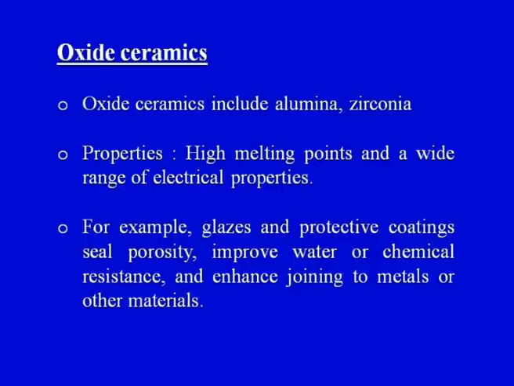Improving water or chemical resistance is also very important, as we know that the corrosion resistance and chemical resistance of oxide ceramics is good. And they enhance the joining to metals or other materials. So oxide ceramics is one category on the basis of composition.